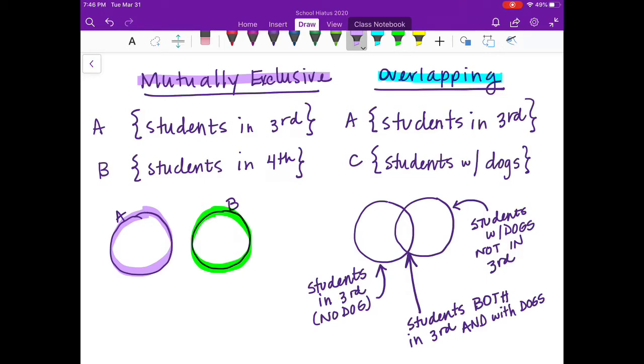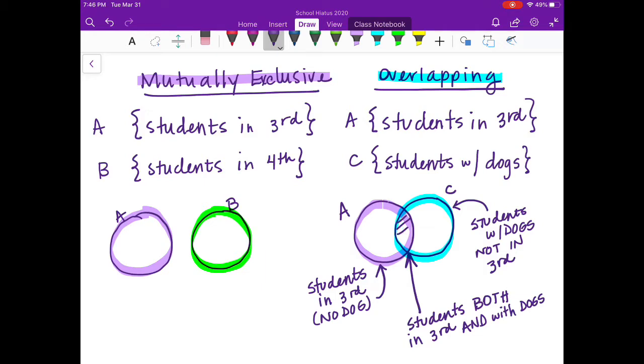As opposed to the second scenario that I have here, students in group A are students in my third period class. Students in group C are students who have dogs. Now, there are probably some students who are in third period and have no dog, and there are probably some students who are in third period and have a dog, and there are probably some students that have dogs, but they're not in my third period.